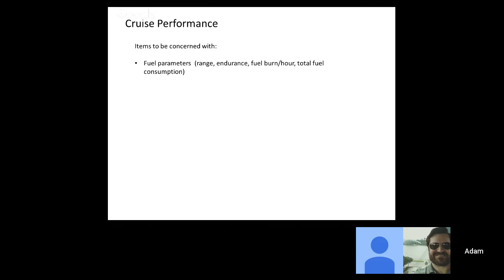And so, depending on what kind of aircraft you fly and what charts are available, you'll be calculating range, how far can you go on your tank of gas, endurance, how long can you fly, based on a set of assumptions, fuel burn per hour, total fuel consumption. All this stuff you can really calculate and become familiar with.